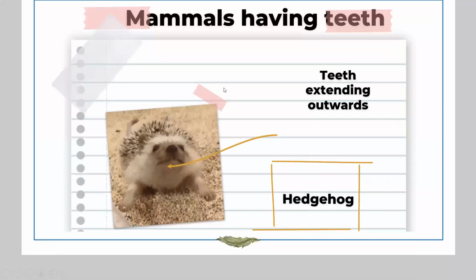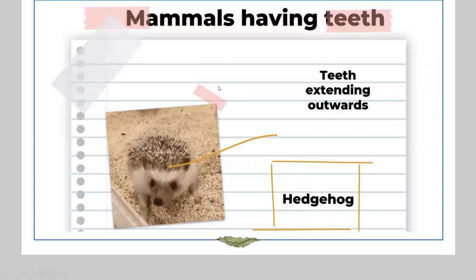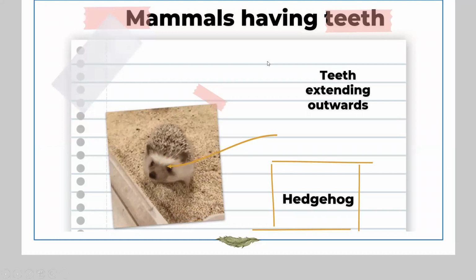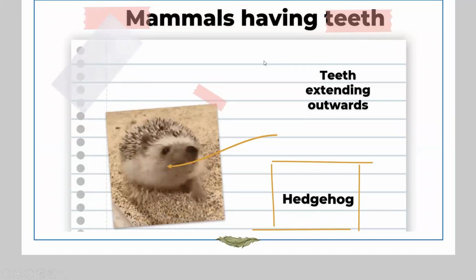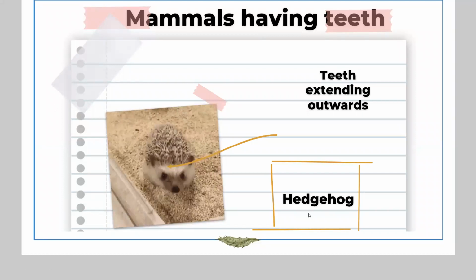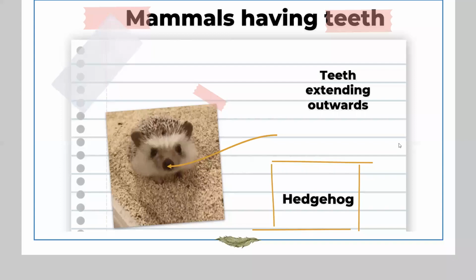And we have mammals having teeth. Let's start with the hedgehog. The hedgehog is a kind of mammal that has teeth. The first example for a mammal that has teeth is the hedgehog.